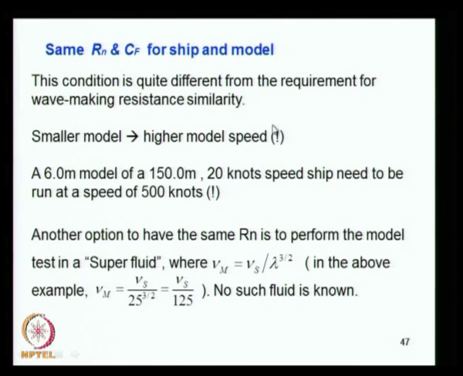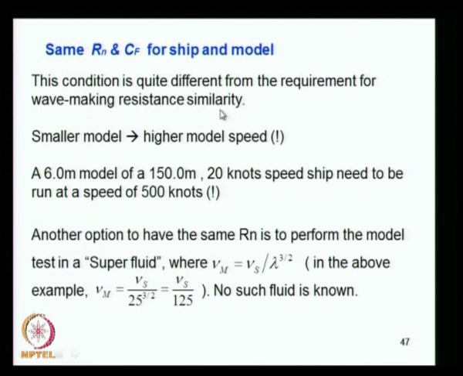Here, this condition is quite different from the requirement of the wave making resistance similarity, because we have already seen the wave making similarity, that is CRS is equal to CRM when the Froude number of the ship is equal to the Froude number of the model.